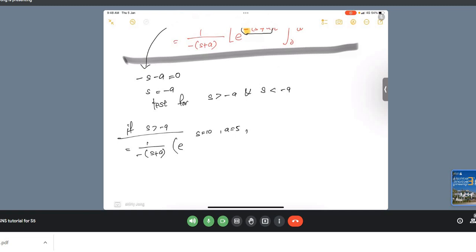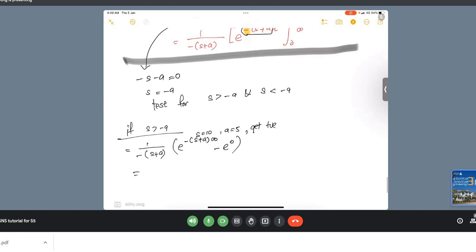So what do I get? Positive or negative? Positive, Doctor. Okay, get positive. So you get positive, you remain. So this one is negative infinity is 0, so you get 1 over s plus a.